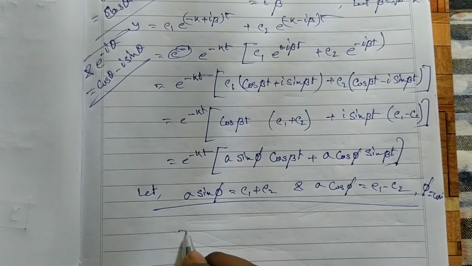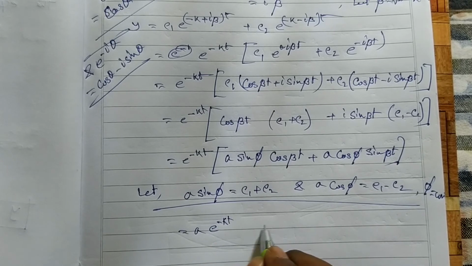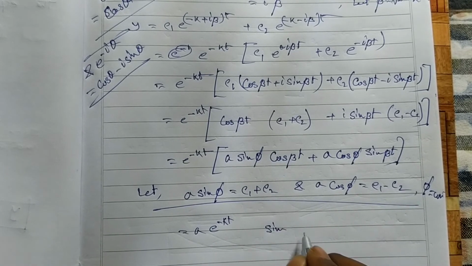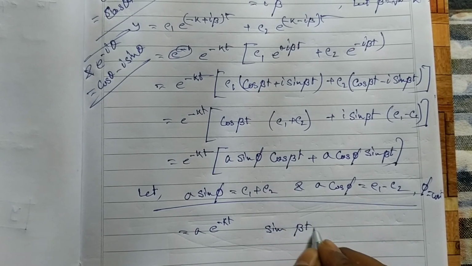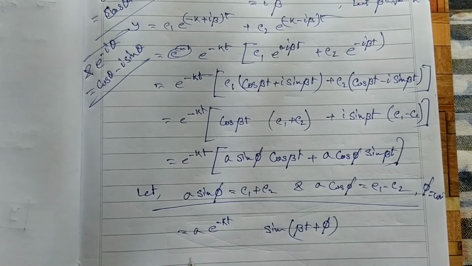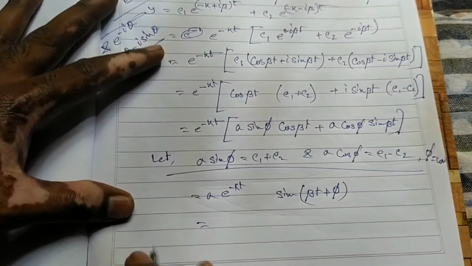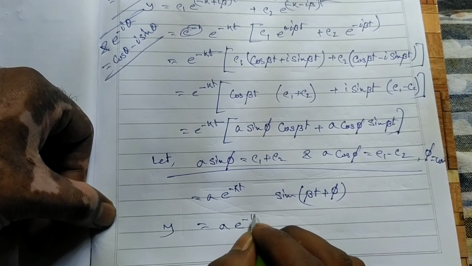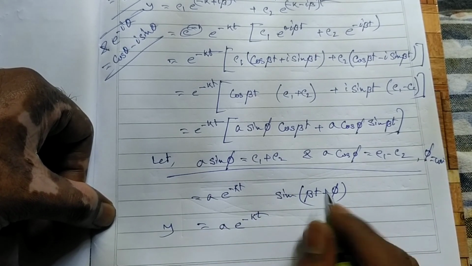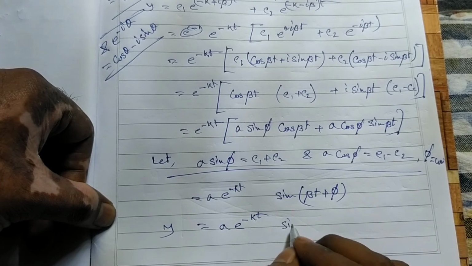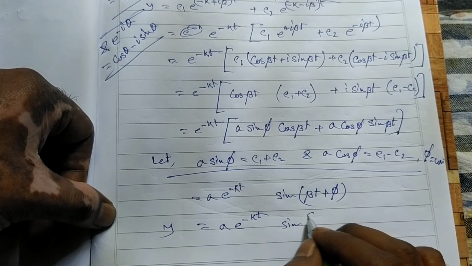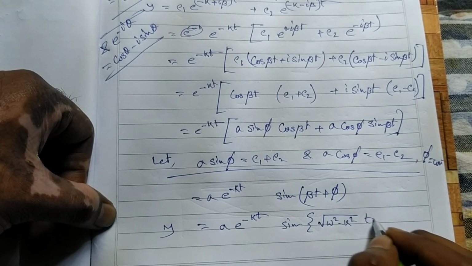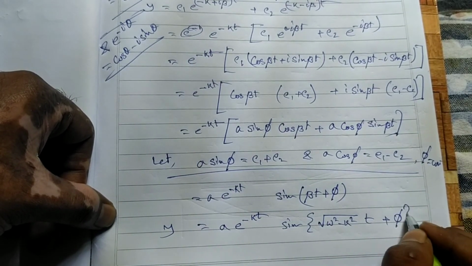Now the solution is e to the minus kt sin beta t plus phi. y is equal to a e to the power minus kt sin of root under omega square minus k square into t plus phi.